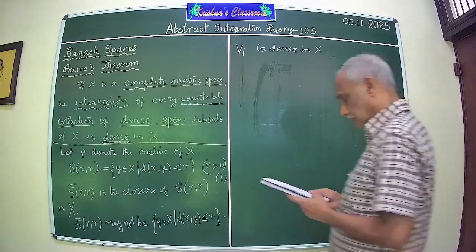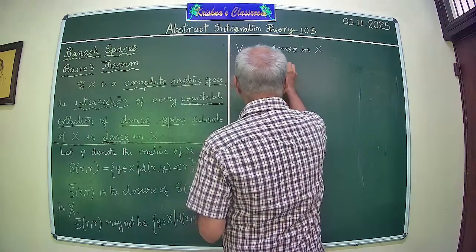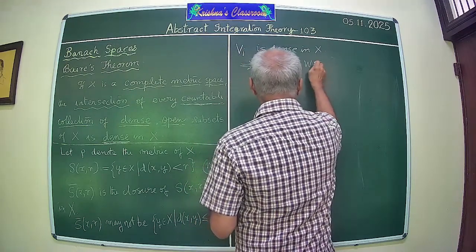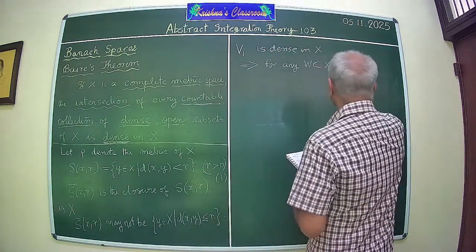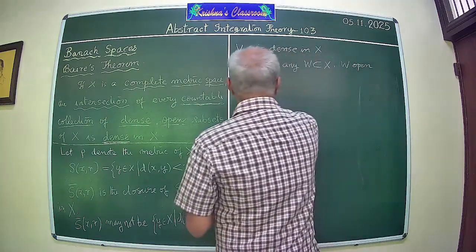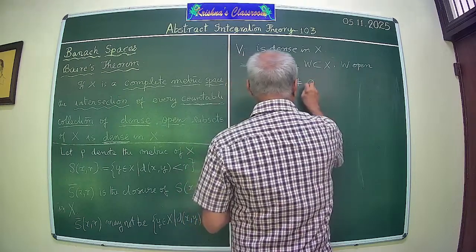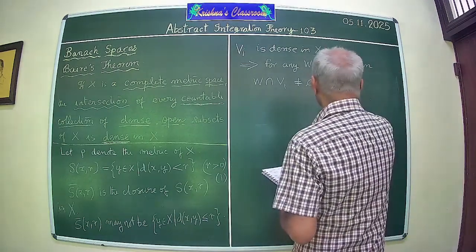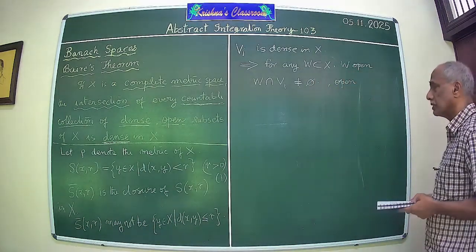Therefore, this implies for W open, W intersection V1 is non-empty. And this is also the intersection of two open sets. Okay.